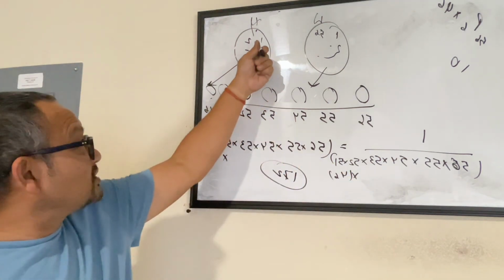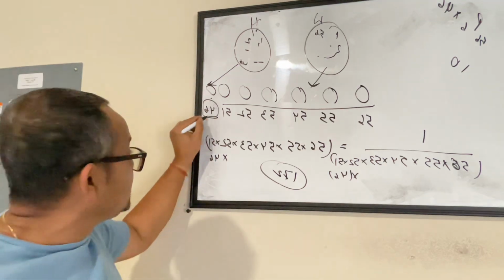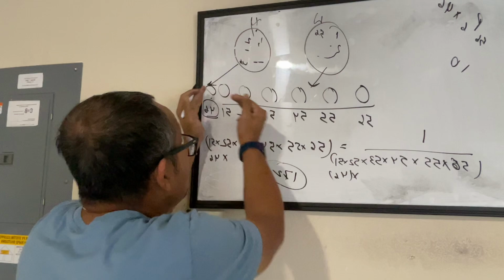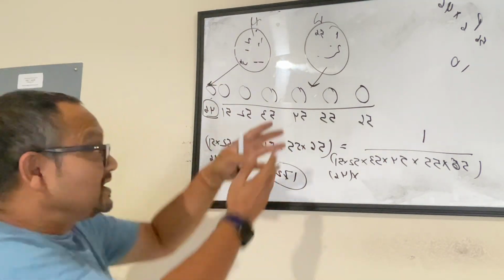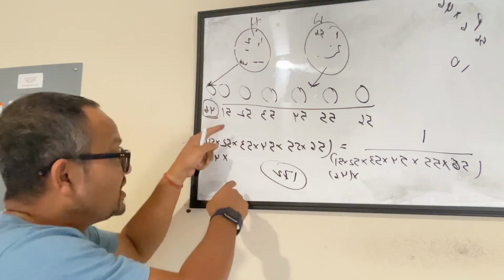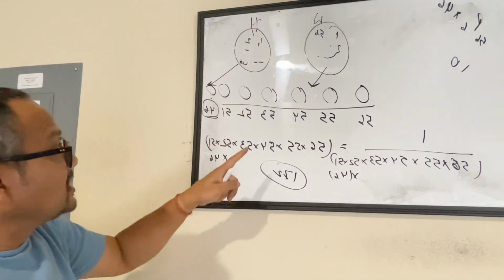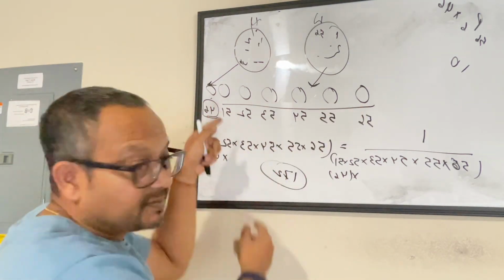Now if you had 2 balls here, then you are doubling the possibilities. For every combination there could be 2 options. If you had 3 balls to be picked up, then you are multiplying by 3. If you had 4 balls, for every combination there are 4 options, so this is multiplied by 4.